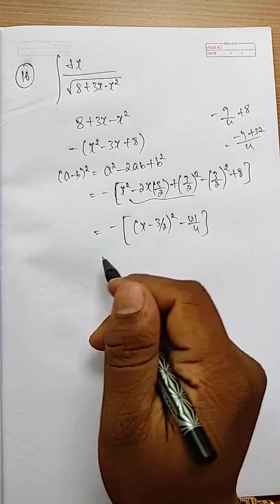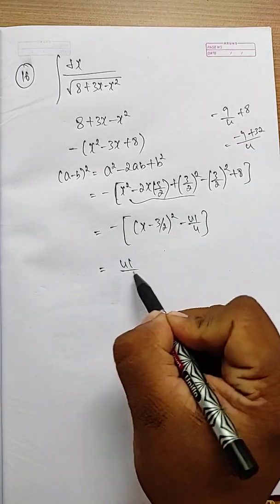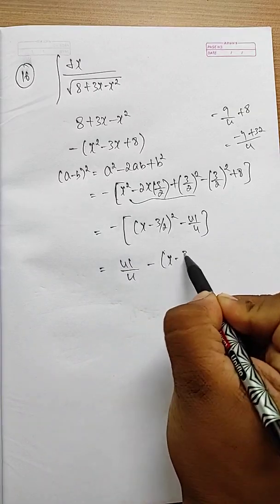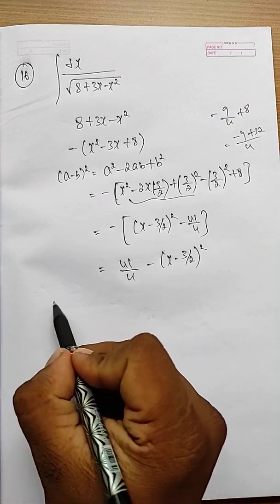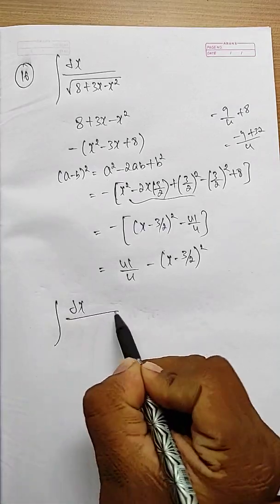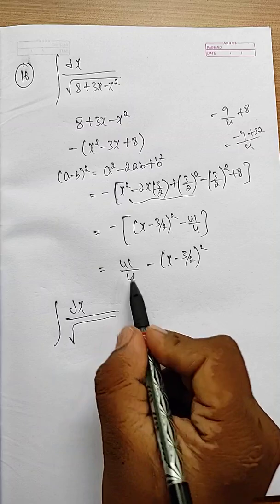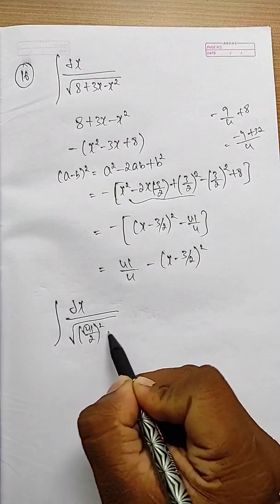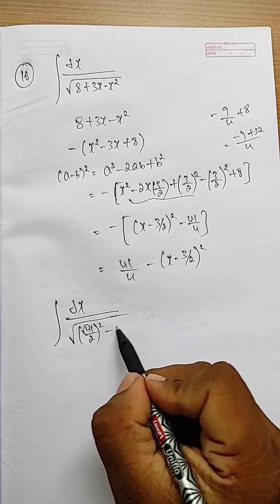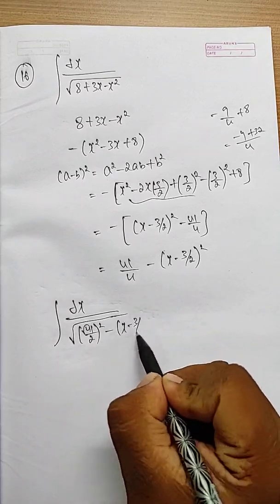Now take the minus inside and multiply, we get 41 by 4 minus x minus 3 by 2 whole square. Is it clear?